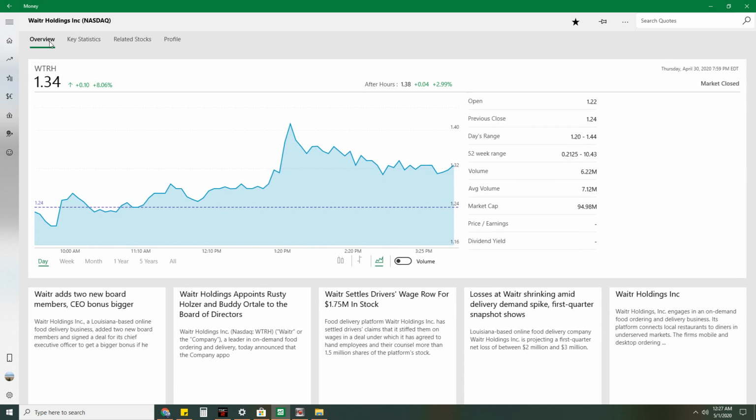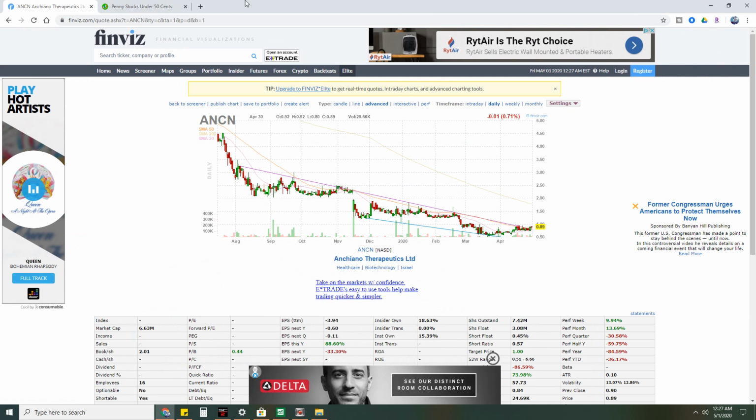So for me, personally, I would trade it. Now, I'm not here to give you advice on what stock you should buy, of course. I'm only talking about what I see here as something that I personally would trade. So that's one of the tools that I mostly use to look at more information.